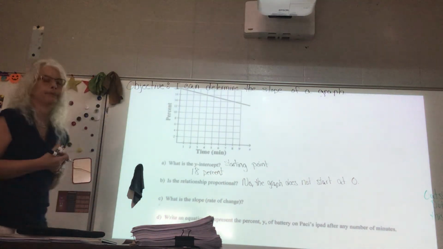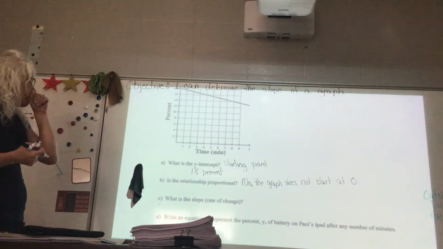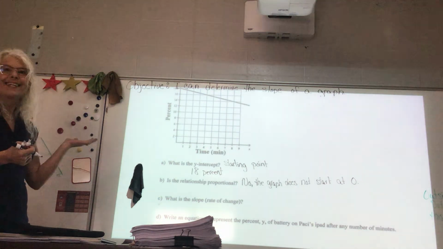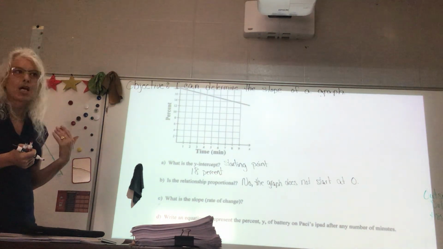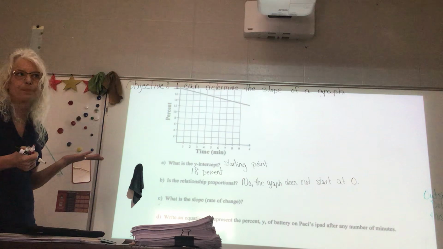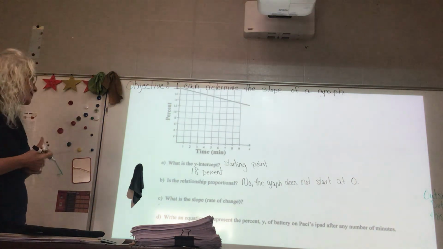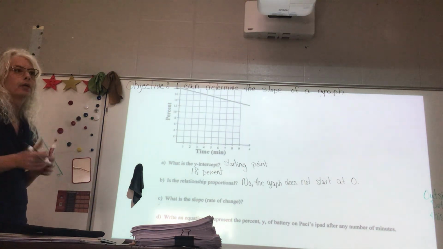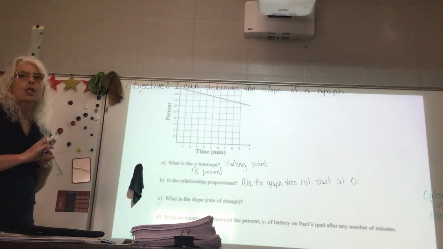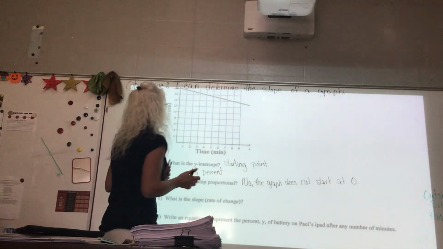We're on number 2. So is that any of that new information other than the terminology y-intercept? No. Part C, what is the slope? Rate of change. So we're going to find the slope.